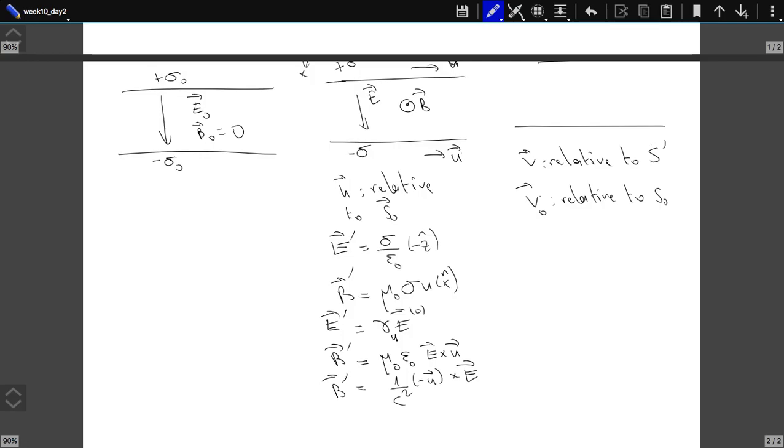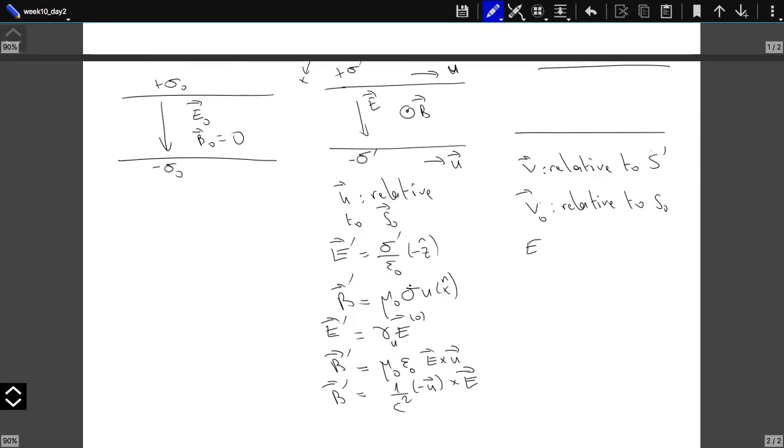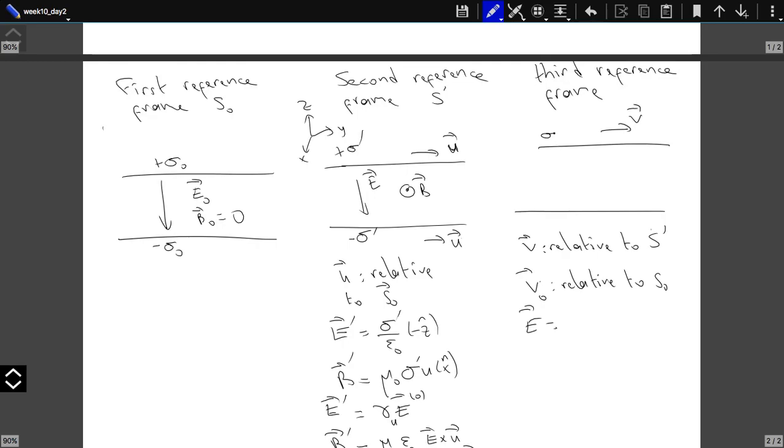Since we have many velocities now, we will have many gamma factors, so it's wise to specify which gamma is referring to which speed. Now in this new reference frame, let me make one more change, that sigma is sigma prime. The electric field is, now in this reference frame we have sigma.